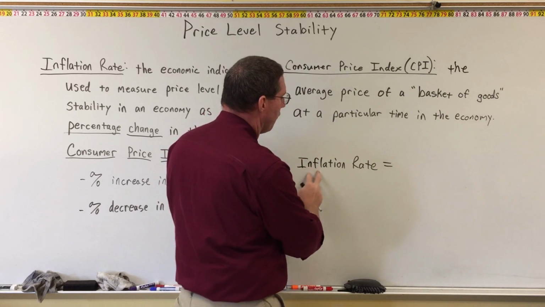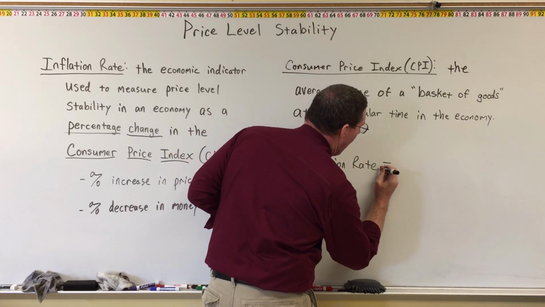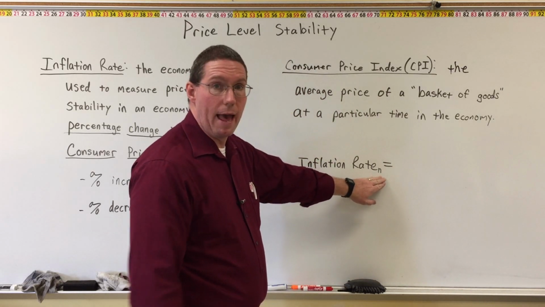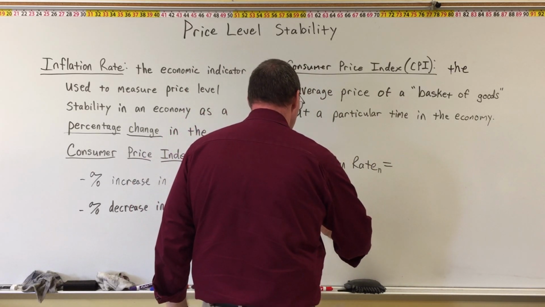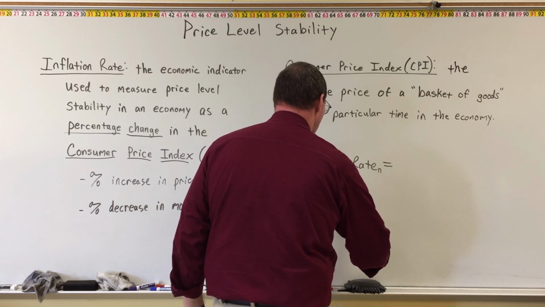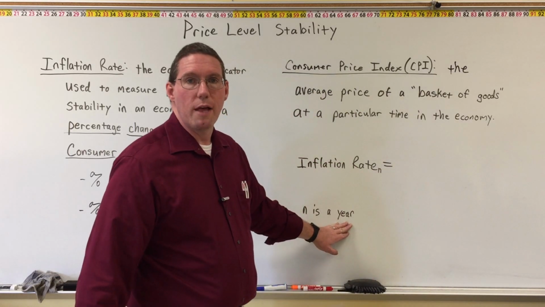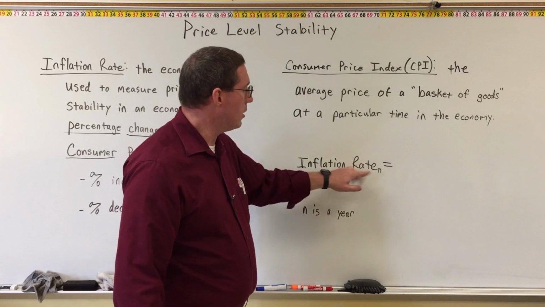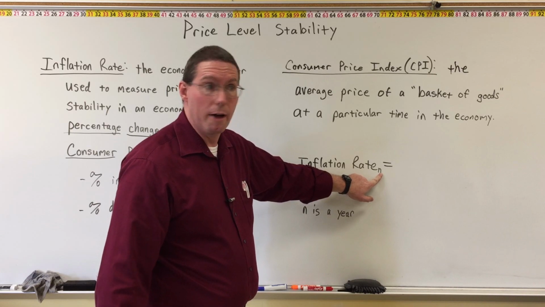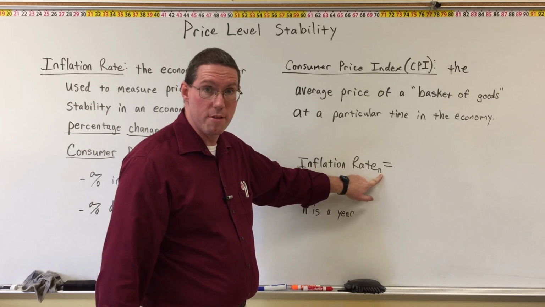So let's say the inflation rate, and I'm going to put a little n down here, sub n. So inflation rate sub n, where n is a year. Okay, so like it could be like 2007. Okay, so inflation rate, and then we could put a 2007 here. And that would indicate we're trying to calculate the inflation rate for 2007.